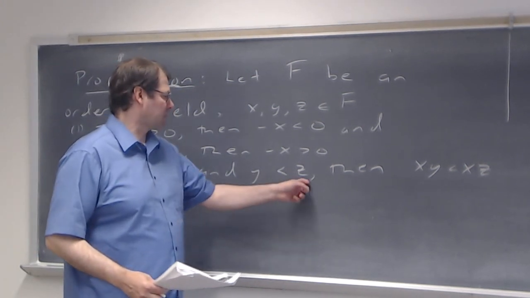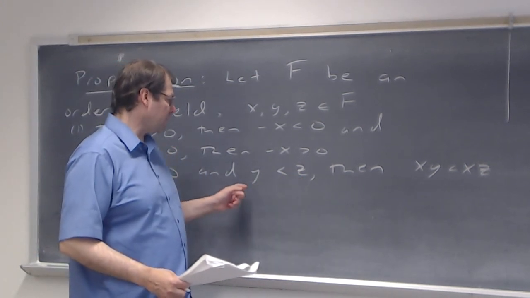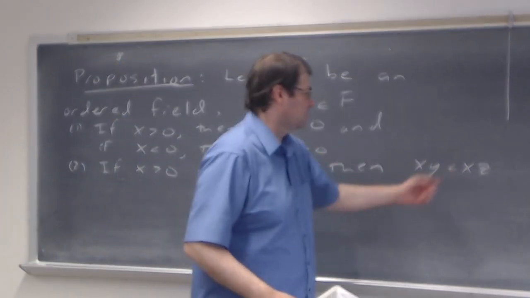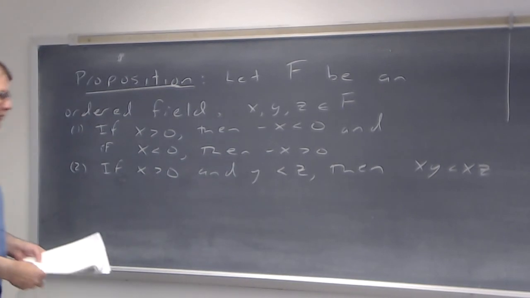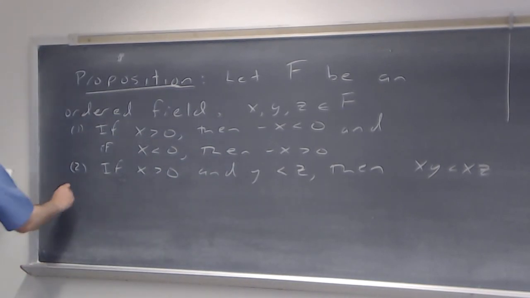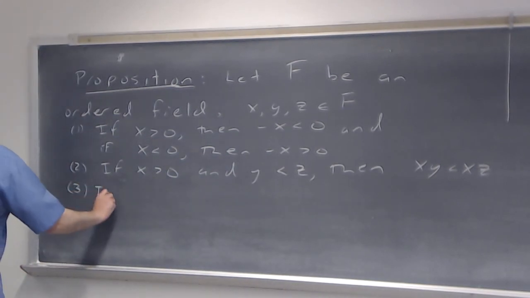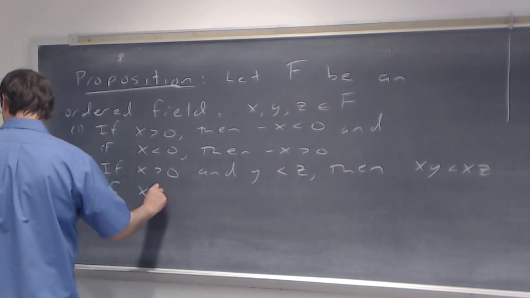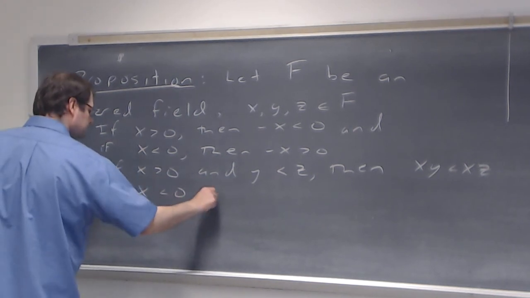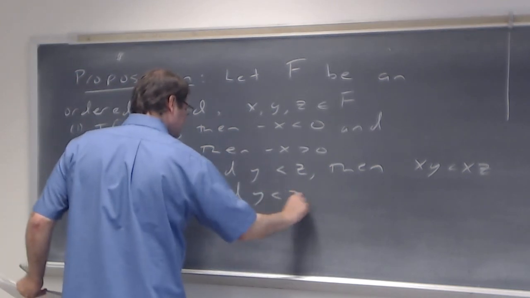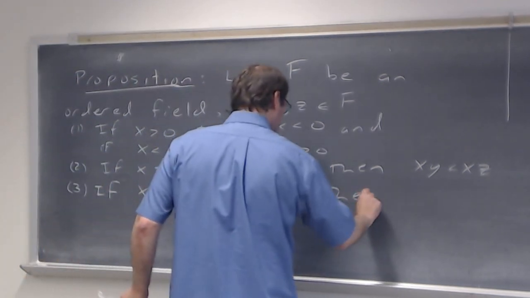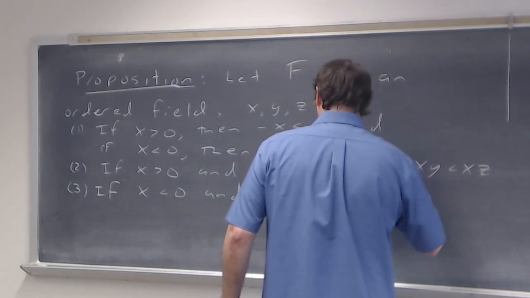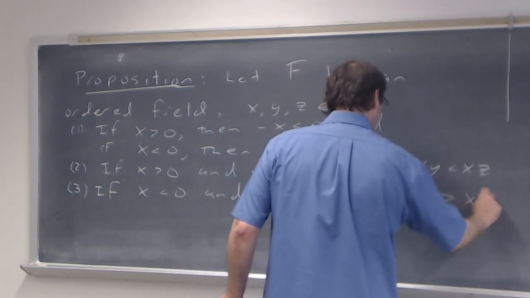If you take one thing smaller than another and you multiply both sides of the inequality by a positive quantity x, you don't switch the inequality, but we're going to prove that. 3, if x is less than 0 and y is less than z, then we do have to switch the inequality when we multiply by x. That is, xy will be greater than xz.